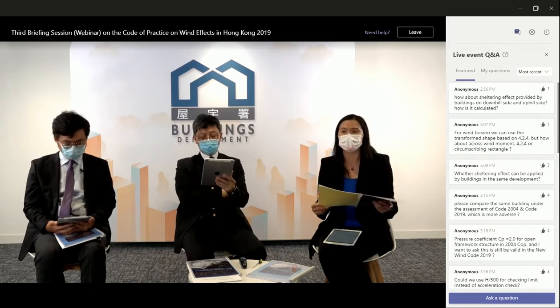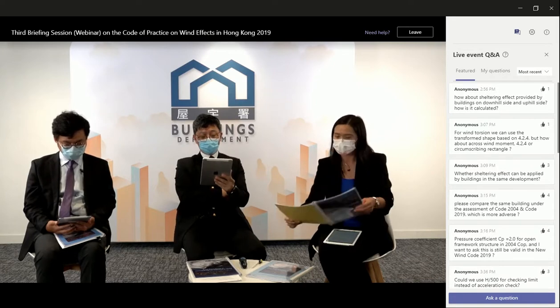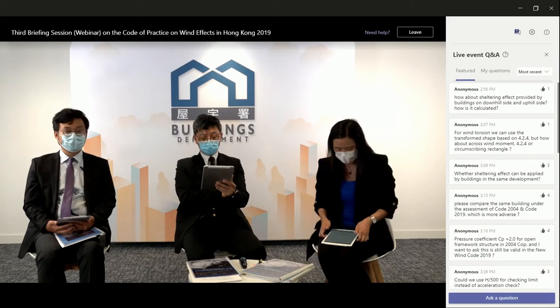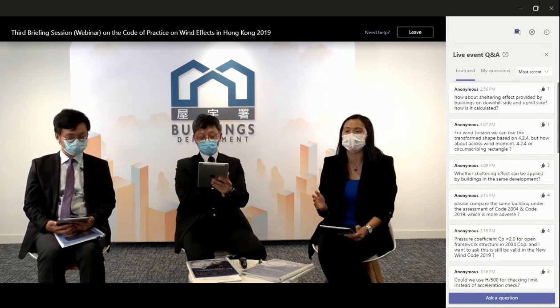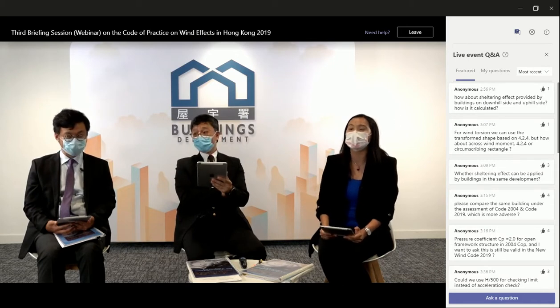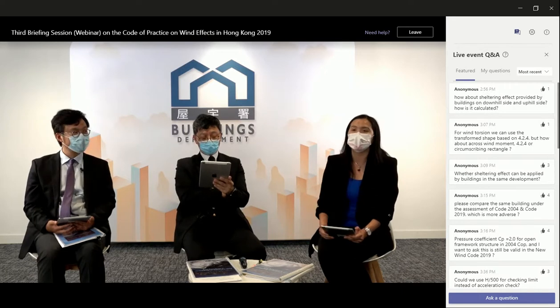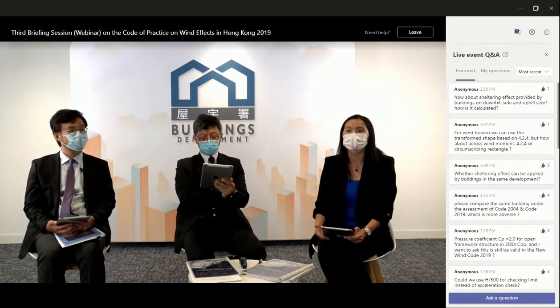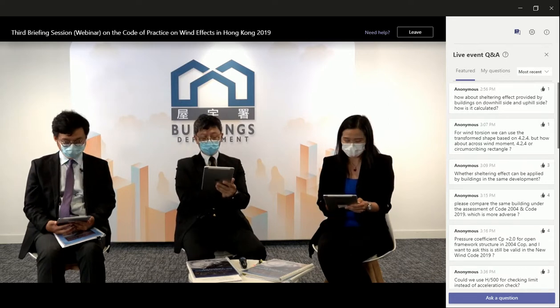The table of the open frame coefficient is still there, so you may refer to the code for details. But we also add some more coefficients for other types of building elements, such as canopy and fins, so the industry and designers can use it with more ease.